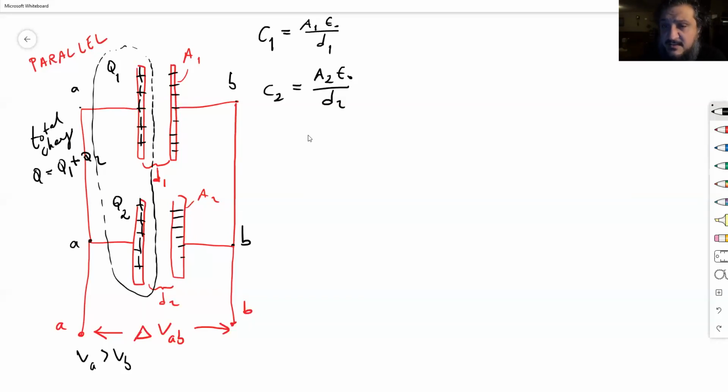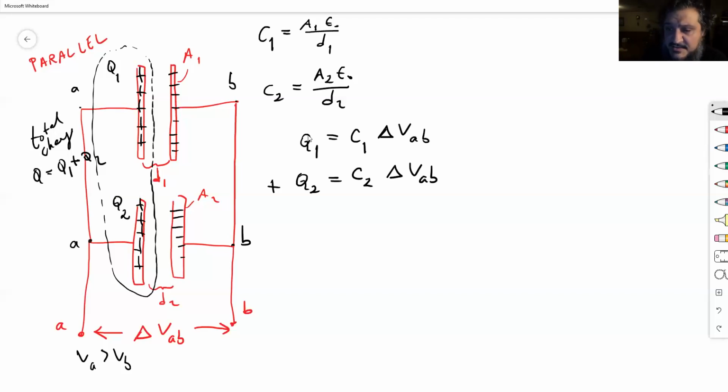So the charge on the first capacitor, Q1, is equal to its capacitance, C1, times that potential difference, delta V AB. And Q2 will be C2 times the same potential.